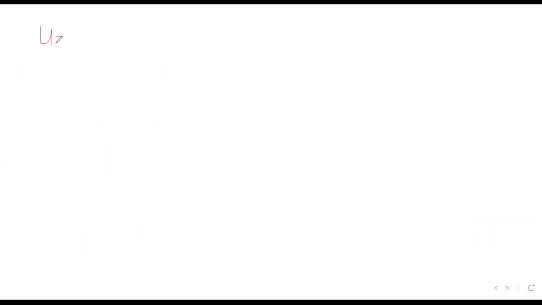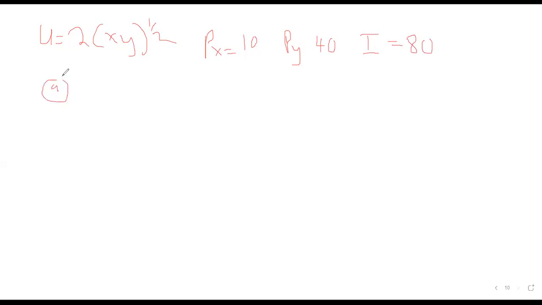Sometimes you're given a utility function, as follows. The utility function is given by x to the half times y to the half. The price of x, we're told, is 10. The price of y is 40. And your income is denoted by I or by M, which is 80. We are asked, how do you find the budget line? Budget line, who remembers?